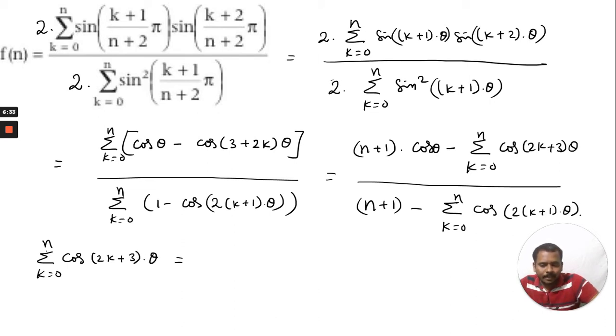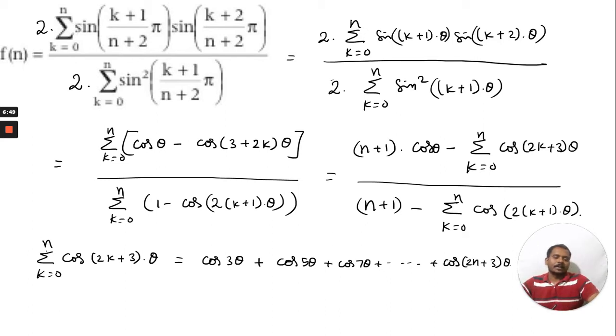On expanding this, we will have cos 3 theta plus cos 5 theta plus cos 7 theta and so on up to n plus 1 terms, that is cos (2n plus 3) theta.